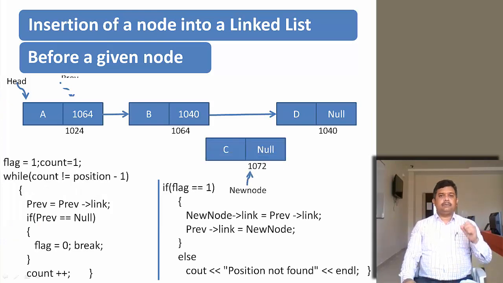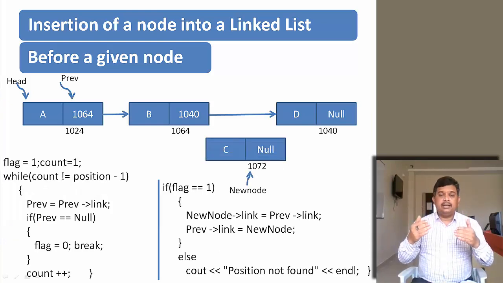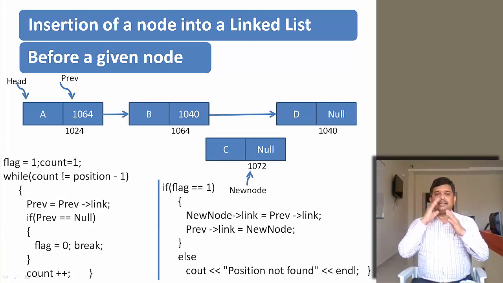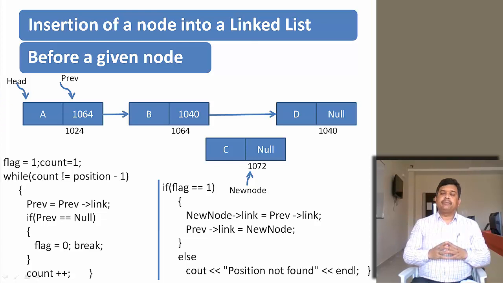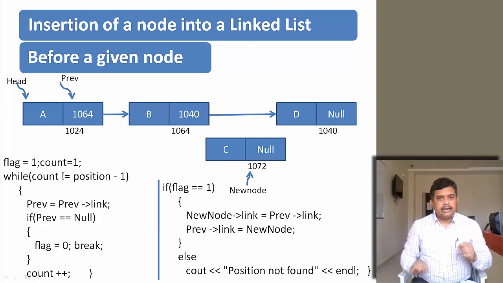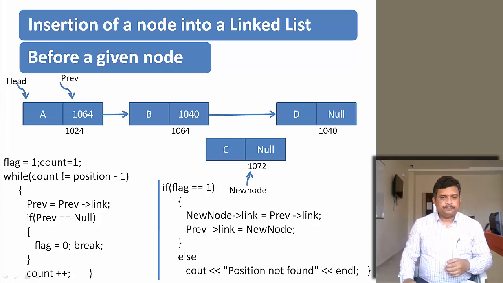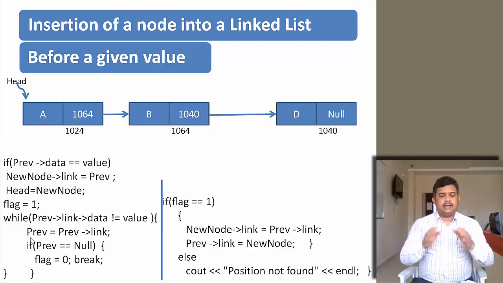So the same concept, the same program that we did, that node inserted after the second node, the same program can work for it. So kindly go through it, and if you have not understood, kindly leave me a comment, I'll explain it once more.